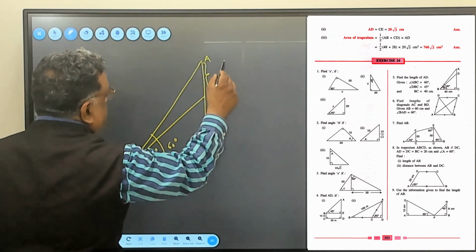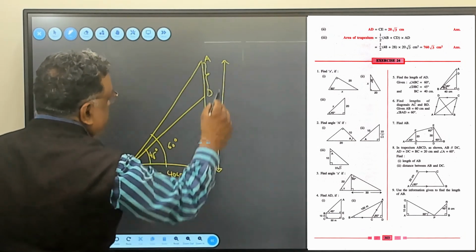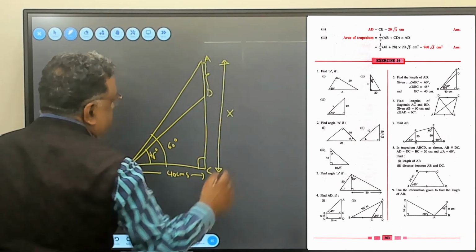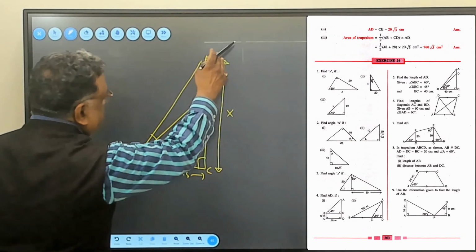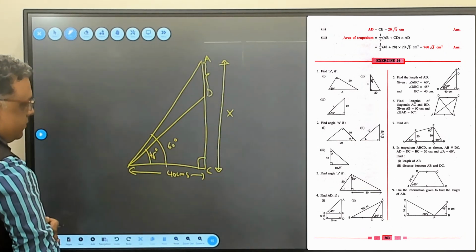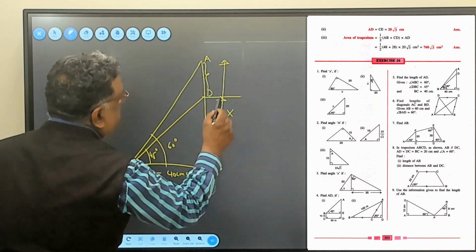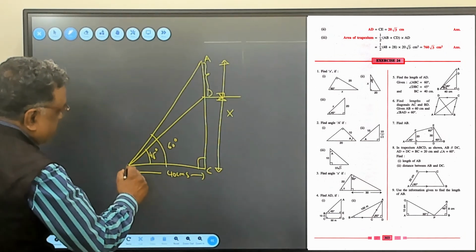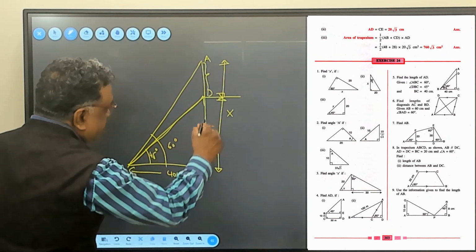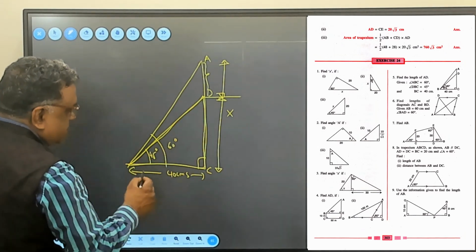Let us say this entire length is X. Okay. So let me first find out this entire length, or let us say not this entire length, let this be X and this be AD, right? So in the small triangle which is making this 45 degrees, this triangle, can I say tan 45 is this upon this?